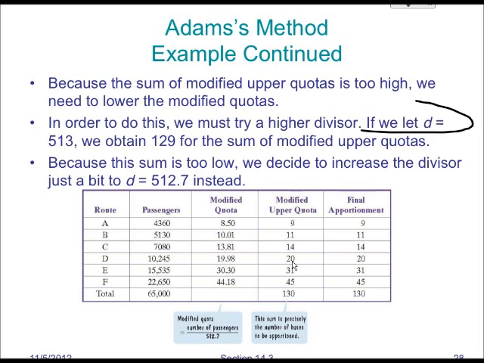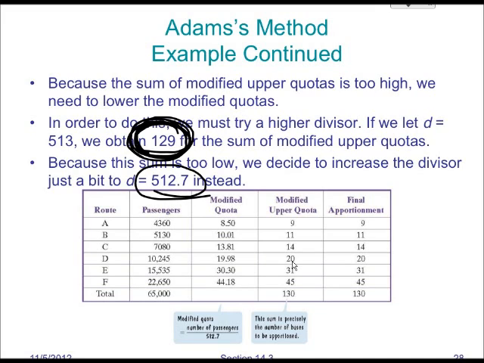Well, again, this is something that's already been done for you. When we check 513, it adds up to 129. 129 is too small. We need 130. When this number is too small, we lower the divisor. And you're thinking, hey, wait a minute. We tried 512.